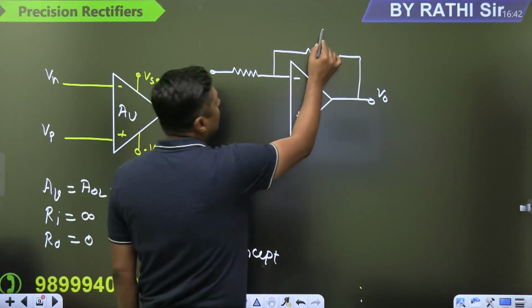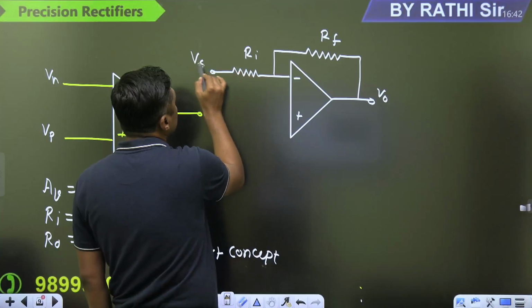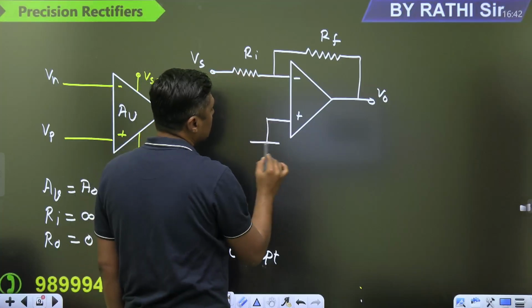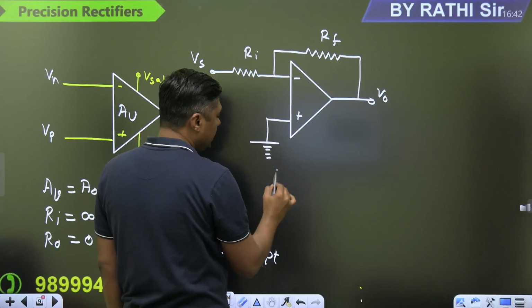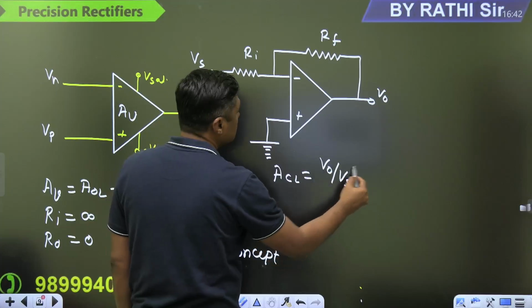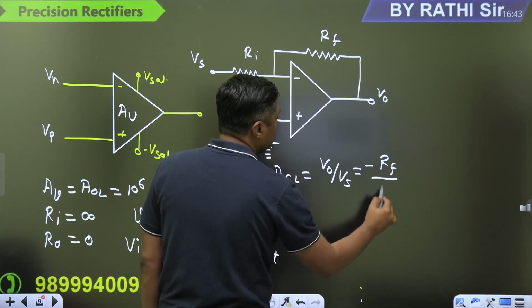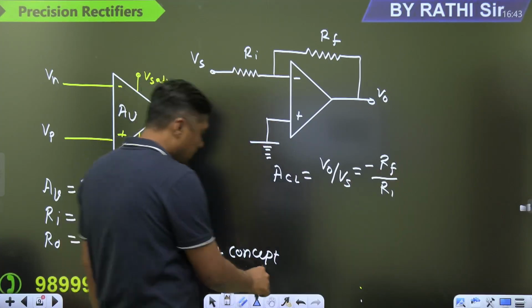And that is the inverting operational amplifier. For the inverting operational amplifier, the gain, that is called the closed loop gain, is V0 by Vi, which is minus Rf by R1. Minus Rf by R1.